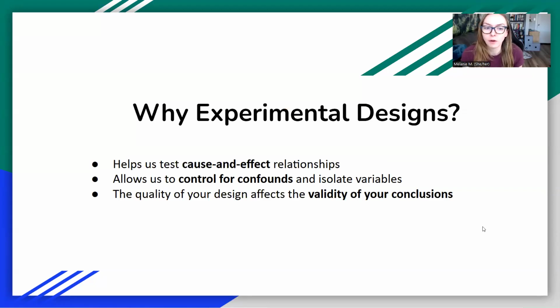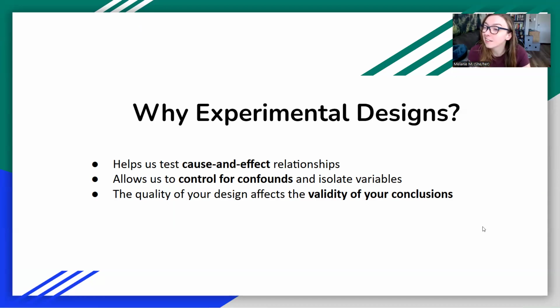We also want to think about controlling for confounds. And again, those are variables that might actually impact your dependent variable that you aren't measuring for. We want to be able to isolate variables as much as possible. And then lastly, the quality of the design very much affects the validity of your conclusions.